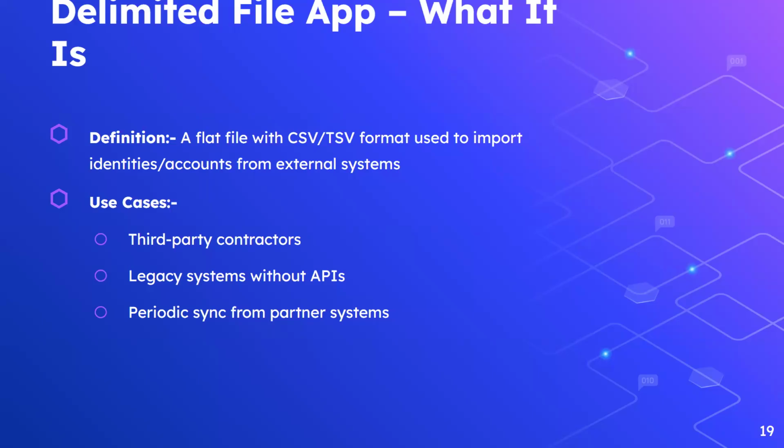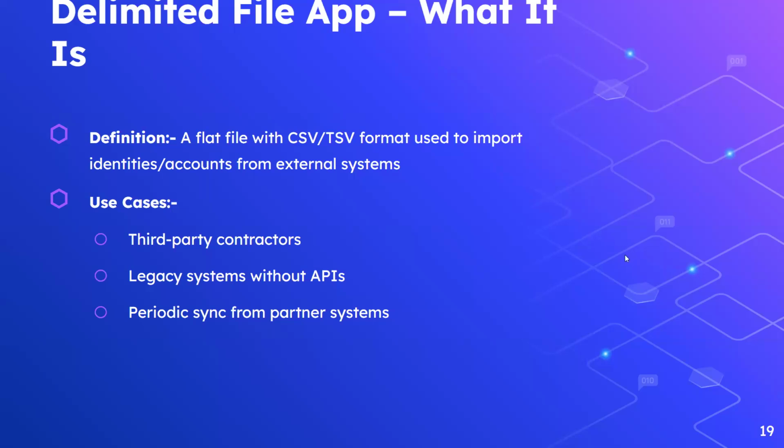But we have to do it like periodic sync from partner systems again and again. We have to get the CSV data from the application on a periodic basis. Because if it was APIs, you can just hit the API and get the fresh record. But when we are dealing in files, then we have to definitely get the file from the application owner on a periodic basis.